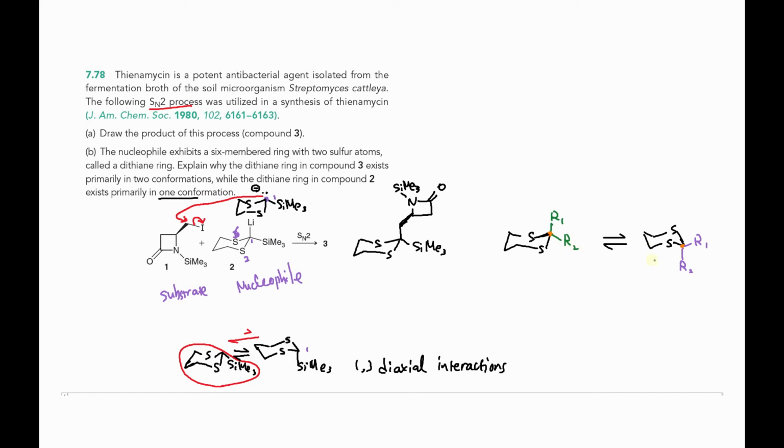They switch positions, and both ring conformations have one axial and one equatorial substituent.